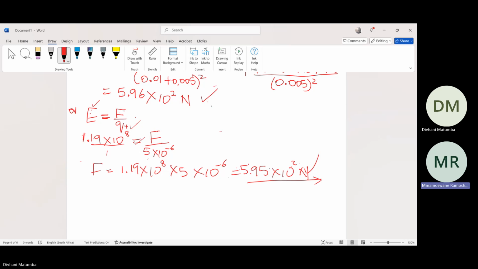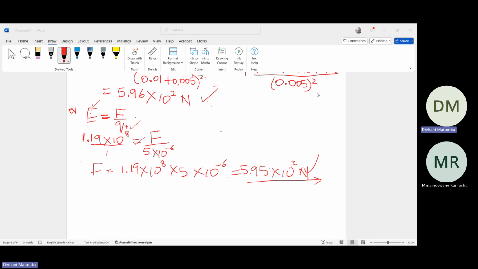Electrostatics is, I did this yesterday. Isn't it all charges in the universe? Or the force that charges in the universe exert on each other? No, electrostatics.